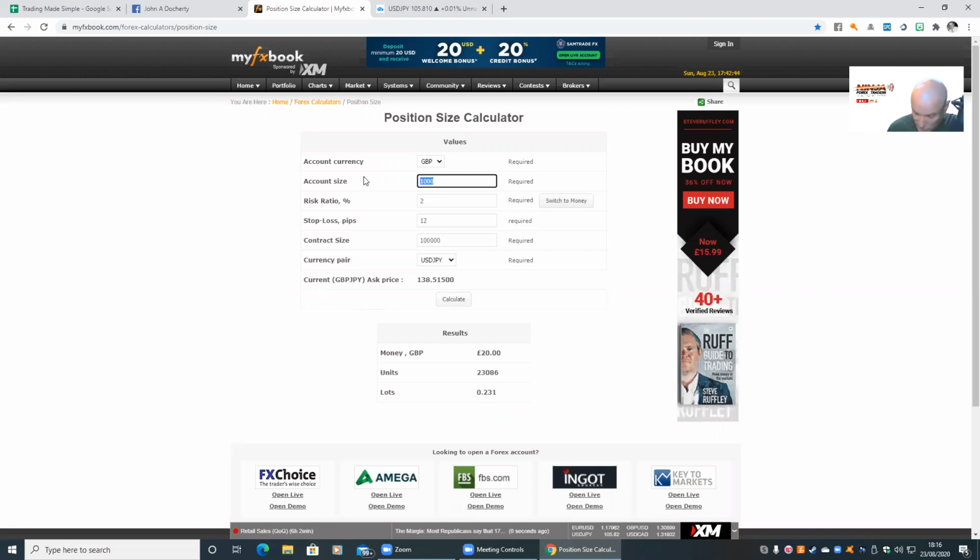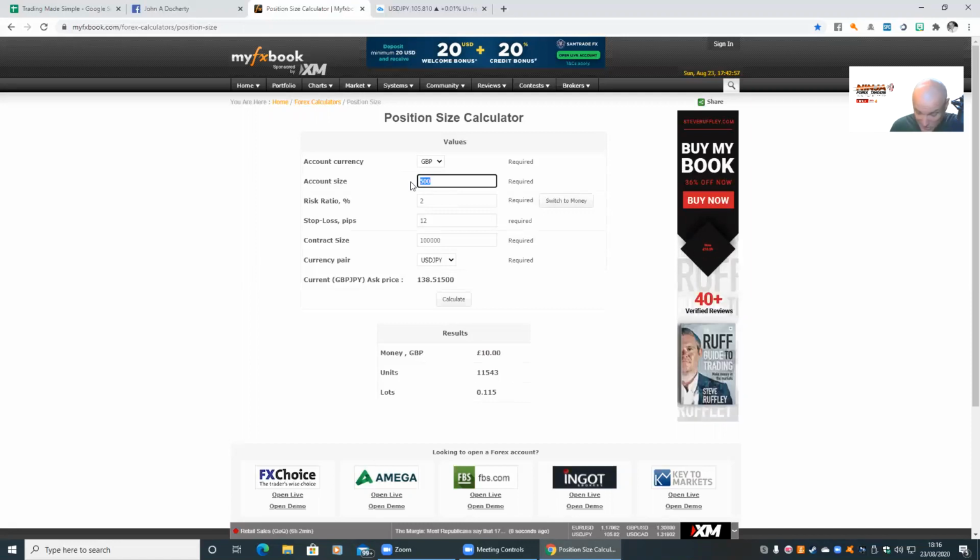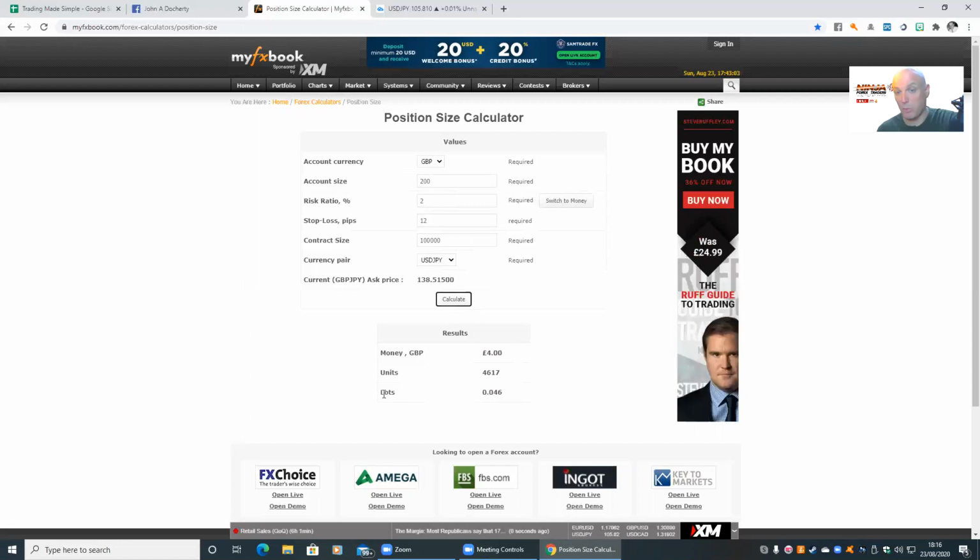Again, conservative. If you started with a $500, £500 account, click calculate on 12 pips, you're going to have a 0.11. Again, if you are starting with something even smaller than that, £200 or $200, calculate, you're going to risk only 0.04. Okay, guys, so this is an absolute fantastic tool.